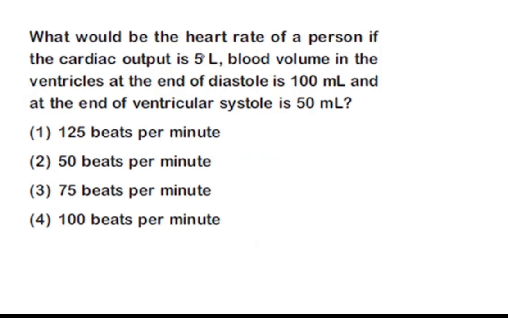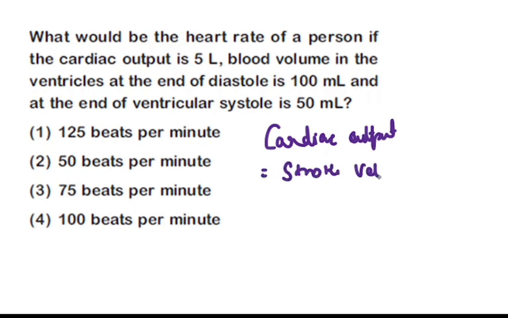What would be the heart rate of a person if the cardiac output is 5 liters, the blood volume in the ventricle at the end of diastole is 100 ml and at the end of the ventricular systole is 50 ml? First, the formula is cardiac output equals stroke volume into heart rate.